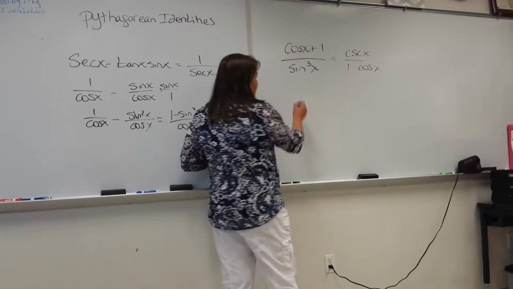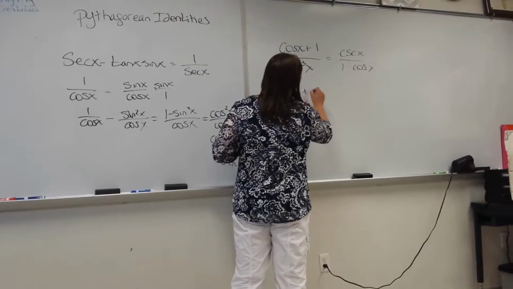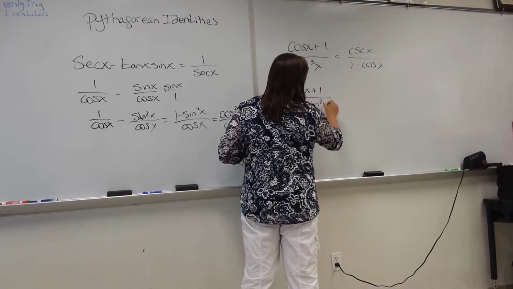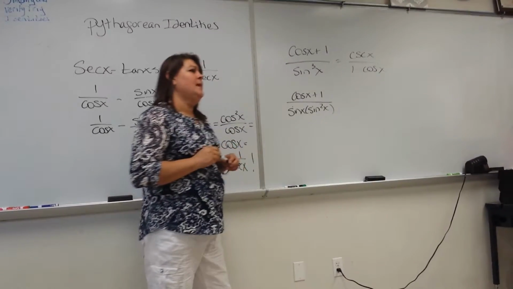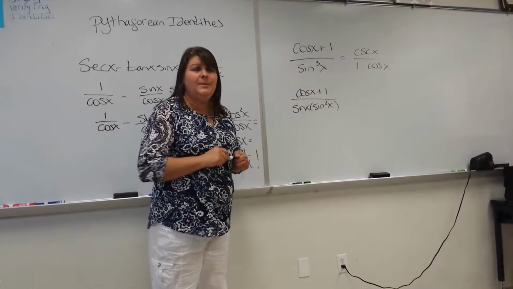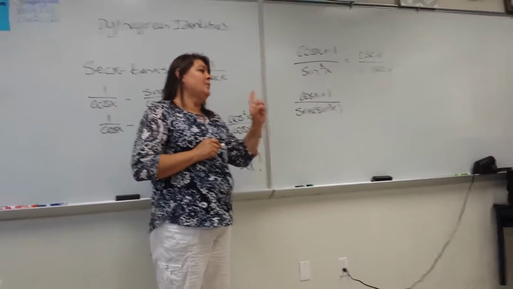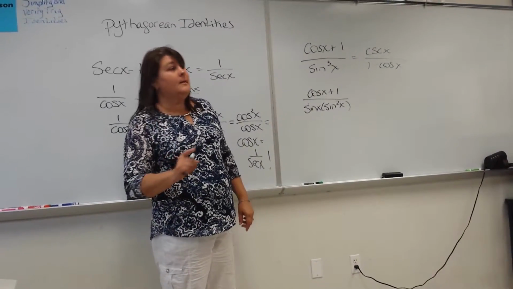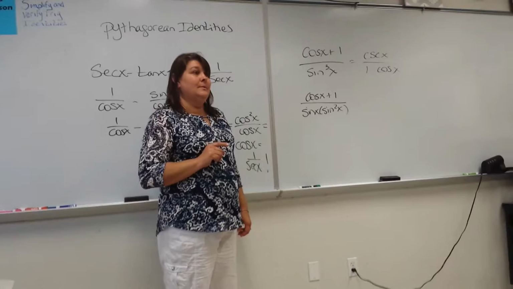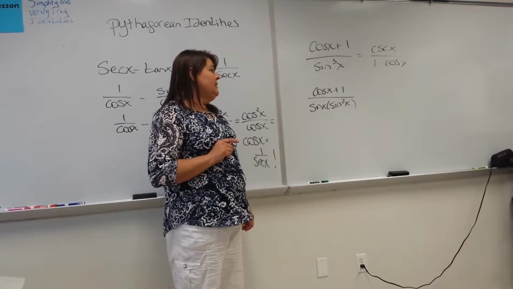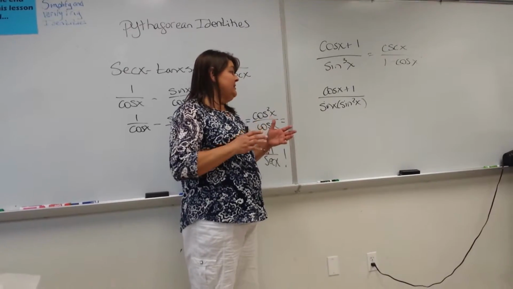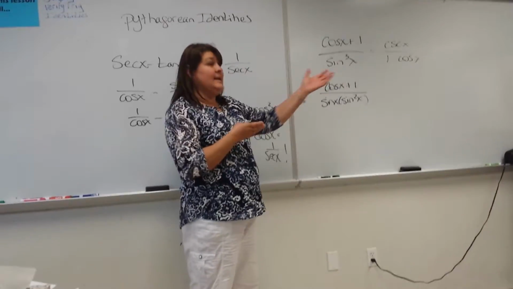I've got cosine of x plus 1, and then I'm going to separate it out a little bit. I've never worked with a cube, but I know for sure I've worked with sine, and I know I've worked with sine squared. Now, I have to somehow manipulate something to try to reduce things to get to where I need to get, right?